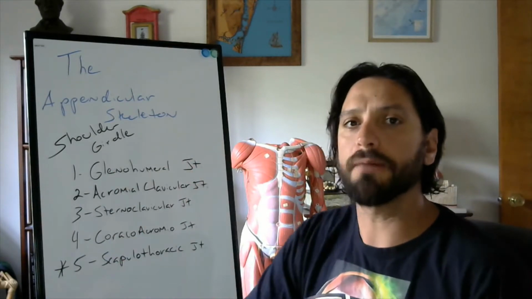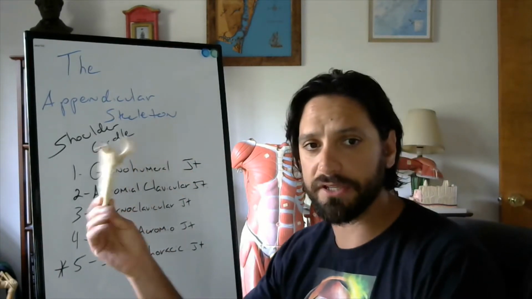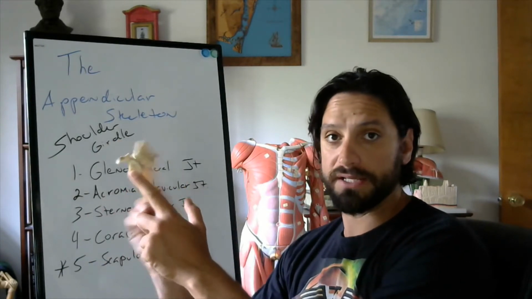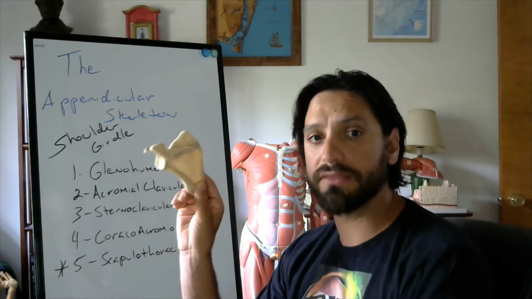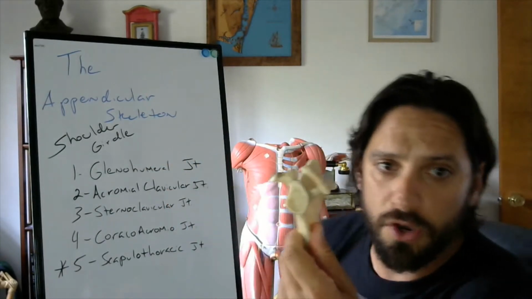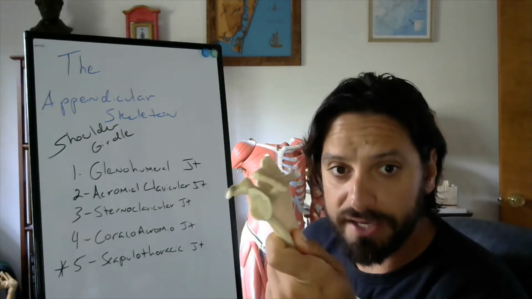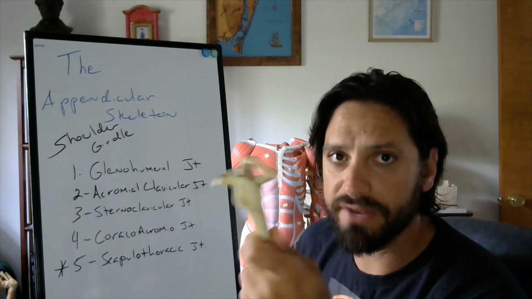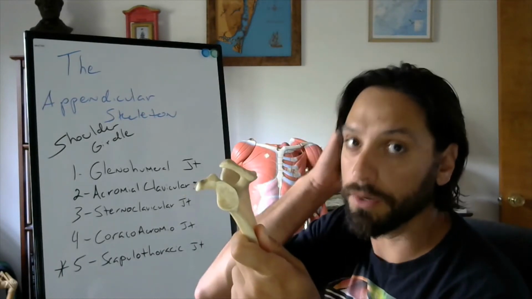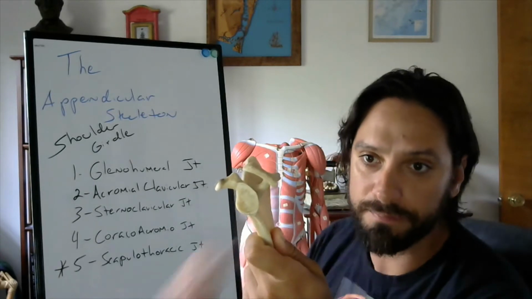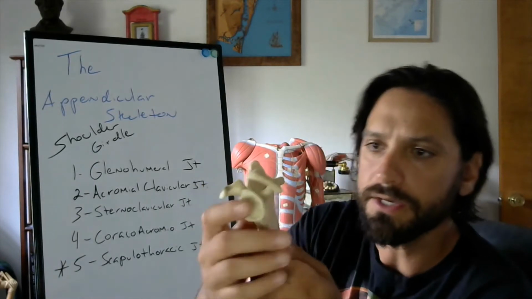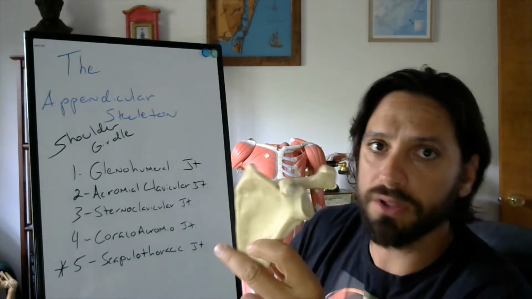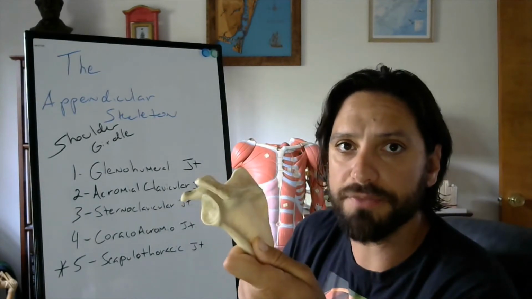So if I lift up the scapula here, this right here, the ball and socket, the socket is right there, okay? And so the socket is called the glenoid fossa or the glenoid cavity, okay? You can call it either one, glenoid fossa or glenoid cavity, all right? Now, this right here is the socket for the ball and socket joint. This makes up the true joint.